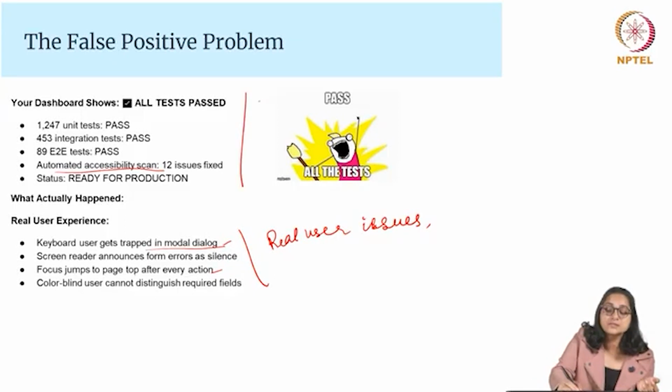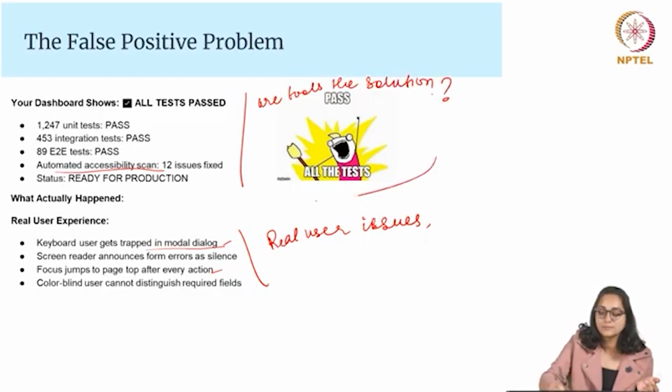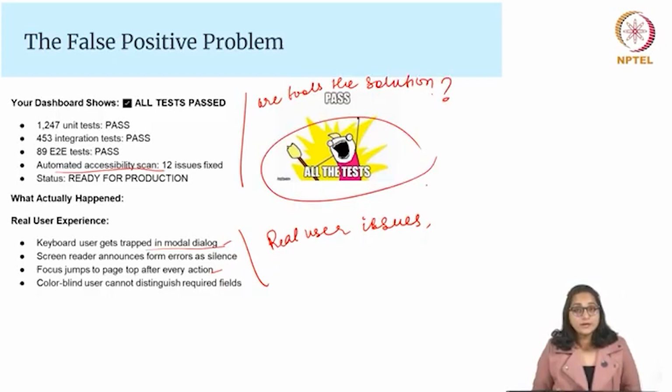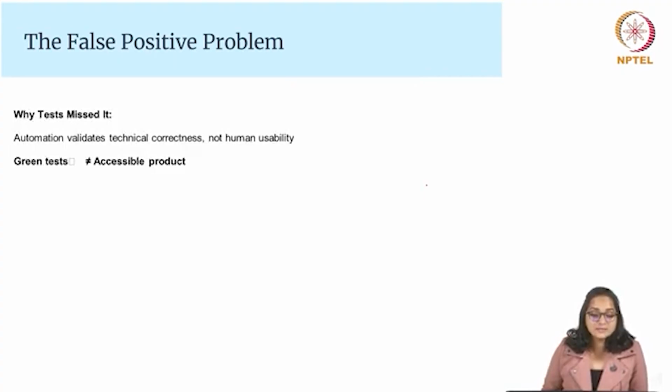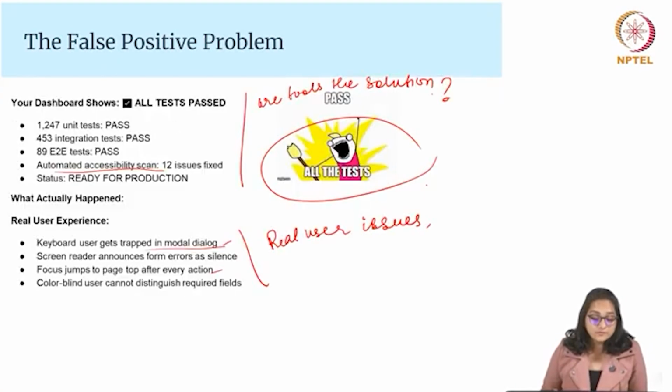So are tools the only solution? I don't think so. And that brings in the value of testing with real users. So why did tests miss it? Because all of these issues do not have a clear pass or fail criteria.